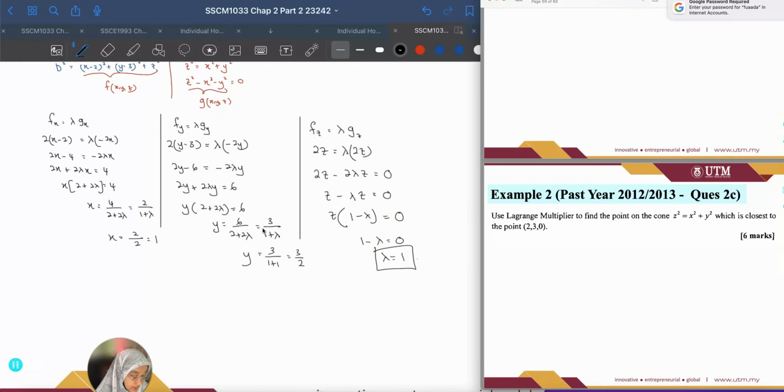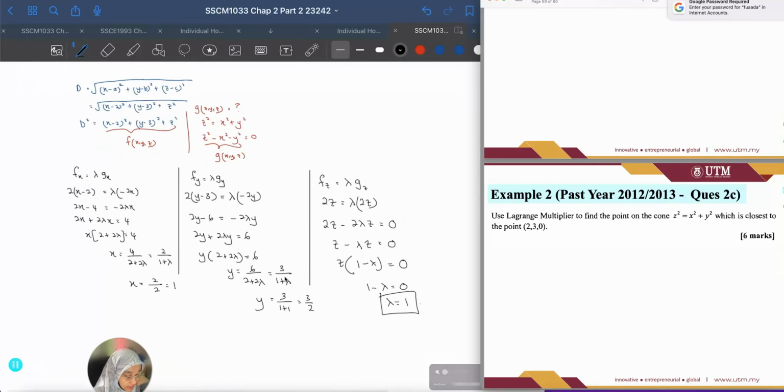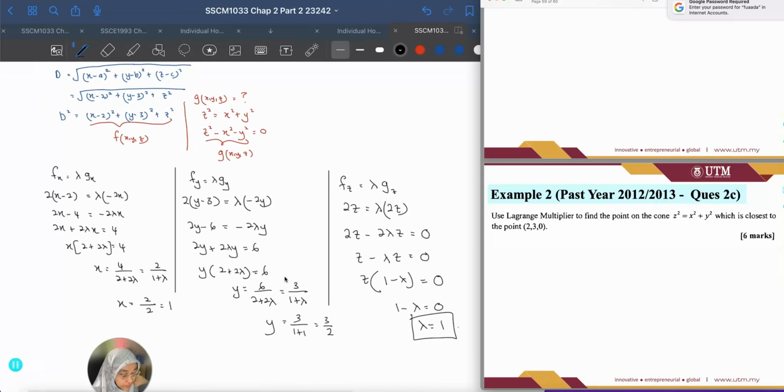So how can we know the z? Because the idea here is, first you must be able to determine the lambda, and using the lambda that you obtain, you must be able to determine the x and y. Based on the information that you have obtained, in order to obtain the z, there are two functions here, whether you replace the x, y in the function g or in the function f.